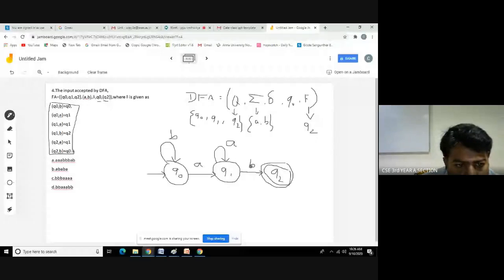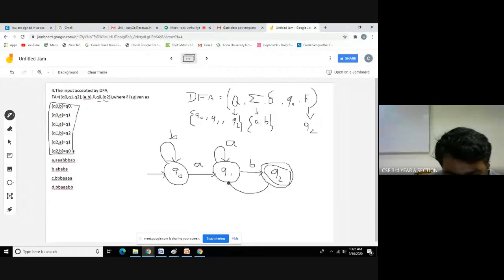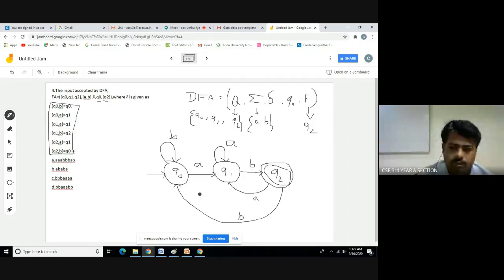From Q2, I read the input symbol A, and it moves to Q1 state. Again, from Q2, I read the input symbol B, and it reaches Q0.